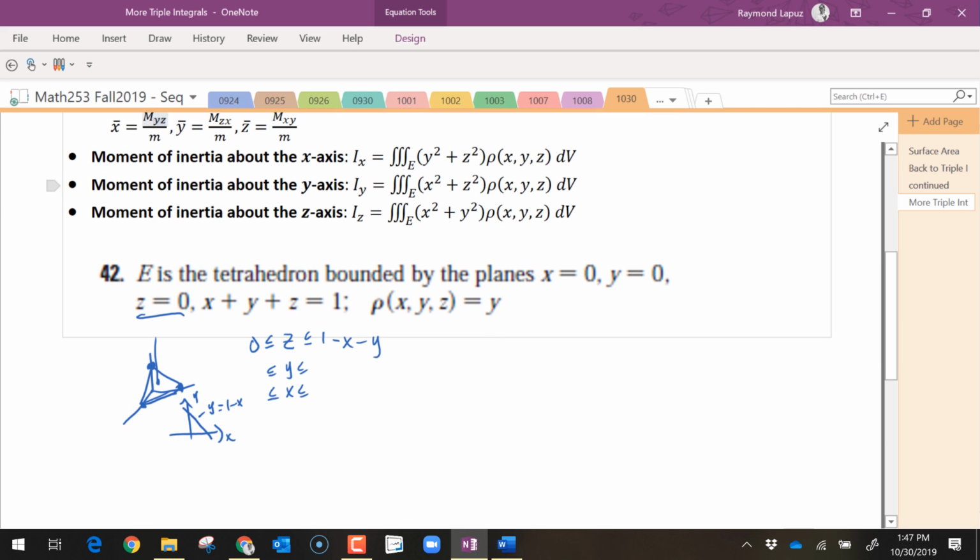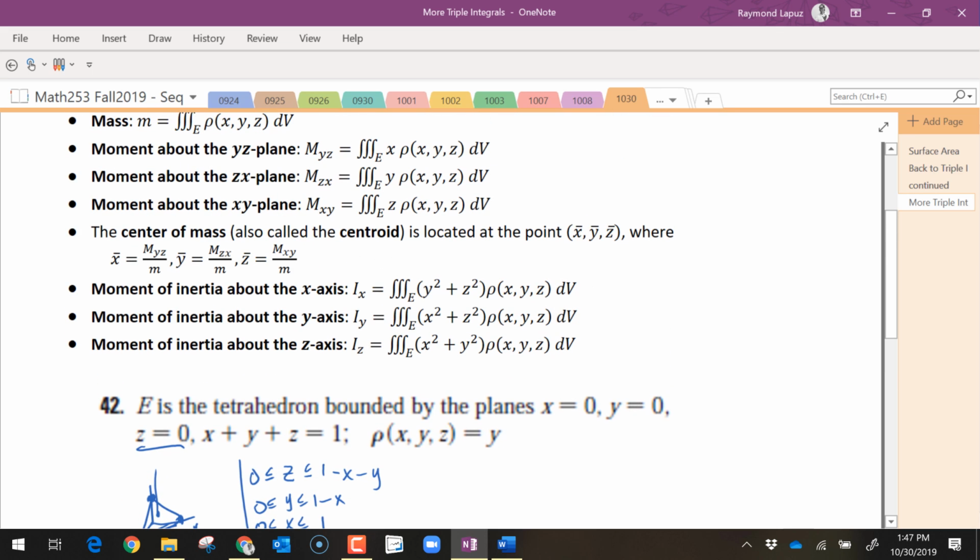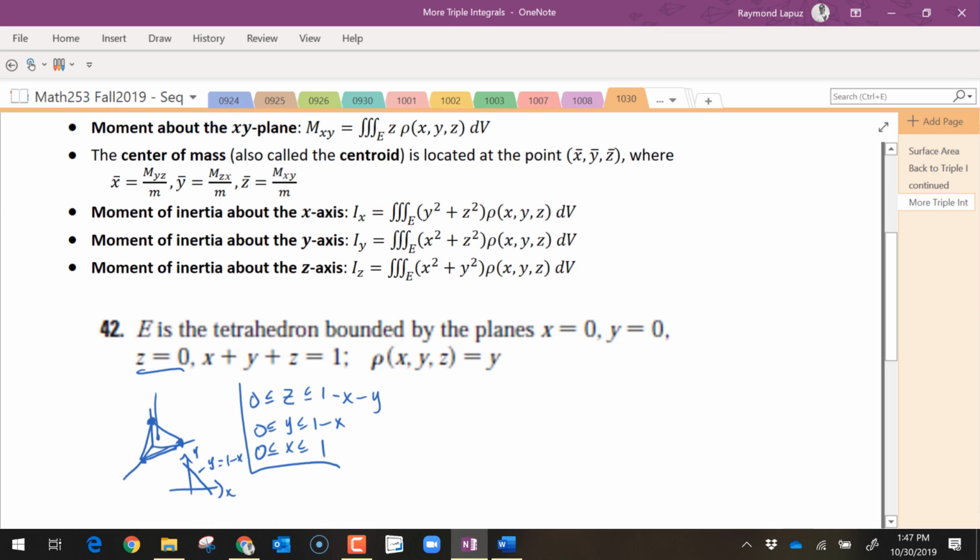All right, so y goes from 0 to 1 minus x, and x goes from 0 to 1. So now we have the limits of integration for all the integrals that we're going to do, because you're going to integrate over the same region the whole time, over E, assuming this is E.